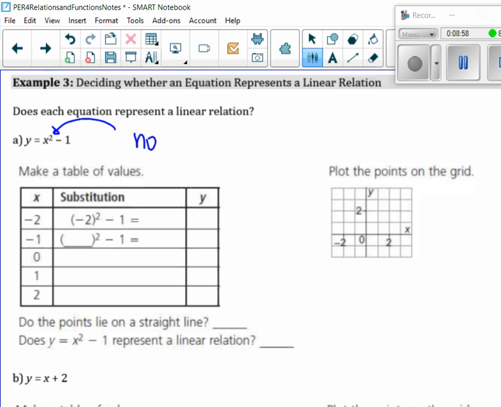There's a square in there. Does anybody know what that's called? Some people refer to it as a squaring function, but this is actually what's called a quadratic function.